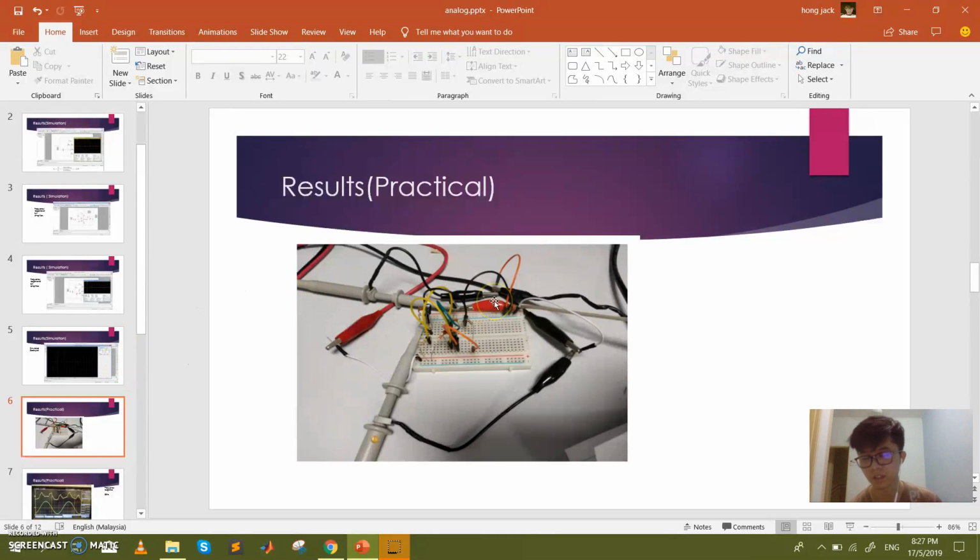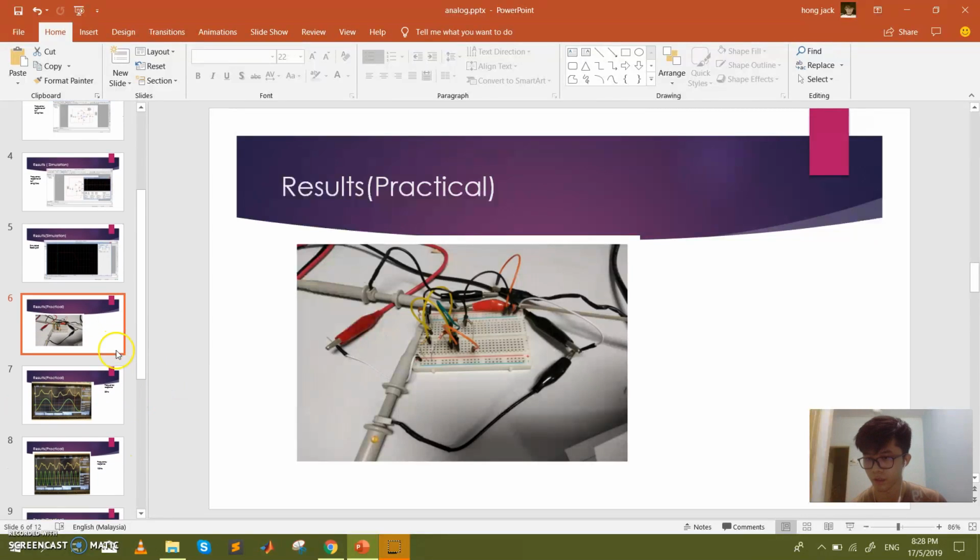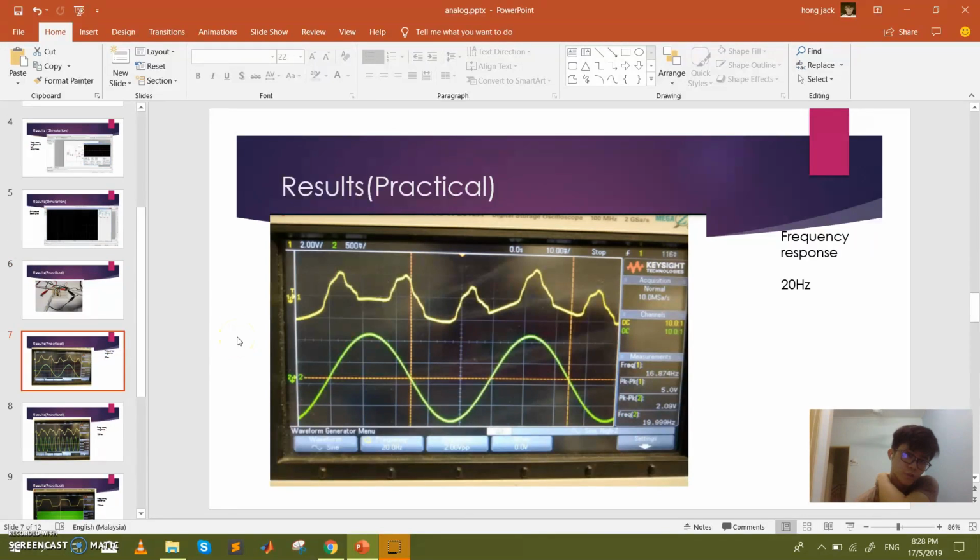Next, we proceeded to the practical, to compare the difference between the practical and the simulated results. So this is the circuit we constructed using a breadboard and the components we requested from the component store. Now I'll show you an example from the frequency response.